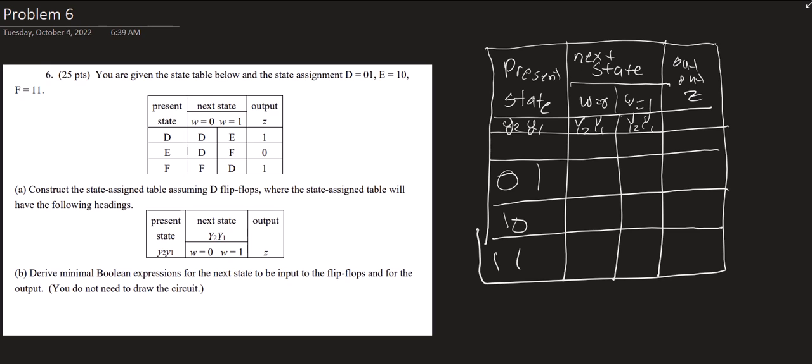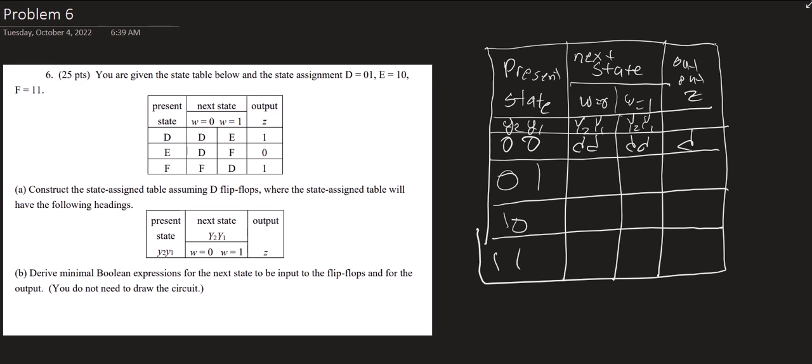How many possible 2-bit numbers are there? 4. So what am I missing? 0, 0. And so that means these are don't cares. That's the only tricky part of this, because the rest of this is just matching.